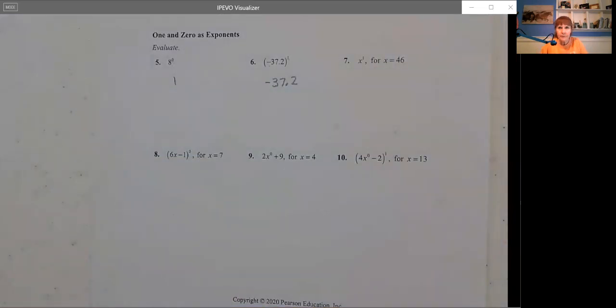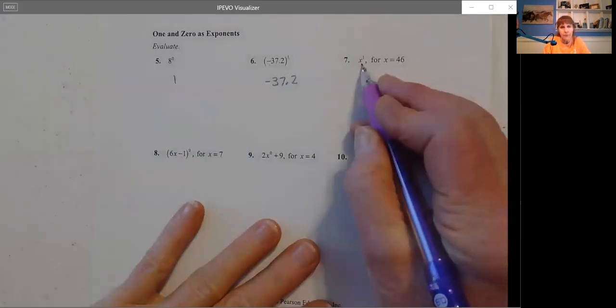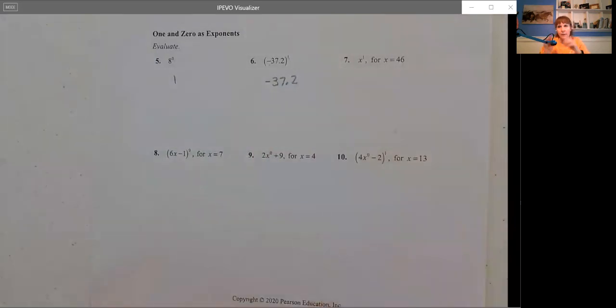All righty. Then they're going to ask you to evaluate. Another reason why I wanted to do these is it's a good review for the final that's coming up. So they're going to give you a value for x and ask you to put it in. And this is a good skill, to be able to evaluate given certain numbers for your variables, to be able to put them into some equation and know what to do. Am I going to multiply? Do I have powers?